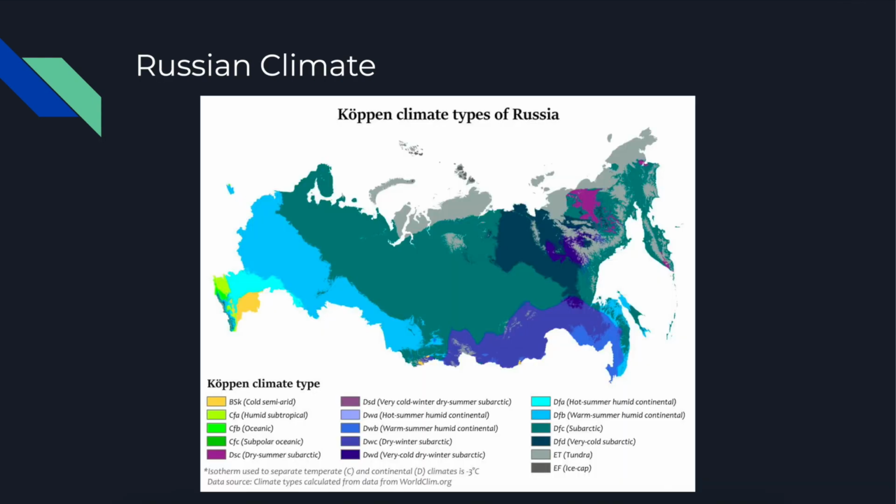Moving on to climate. Russia is going to experience heat and cold to the extremes, because Russia has a continental climate. As I said, it's huge, and its landmass is so vast that it's going to experience different climate extremes depending on where you are in the country.